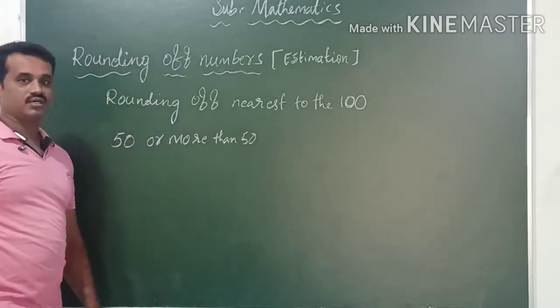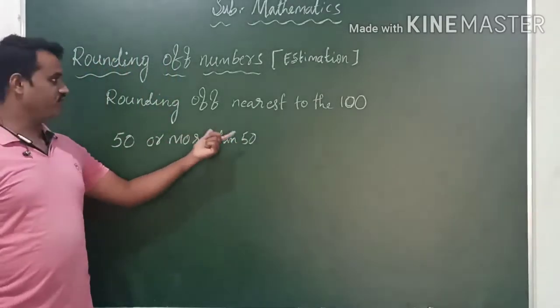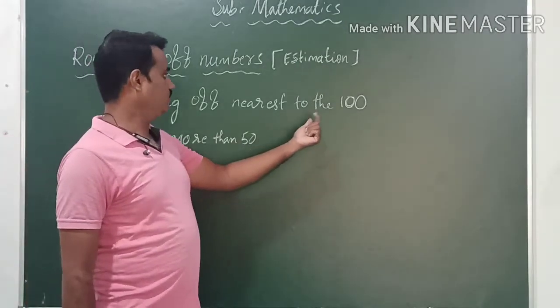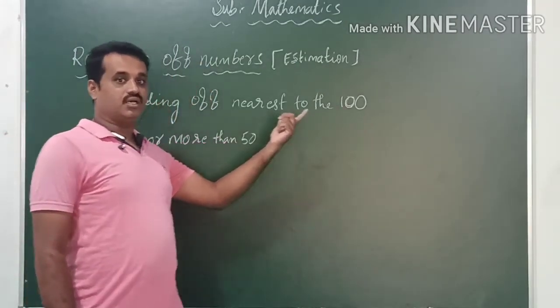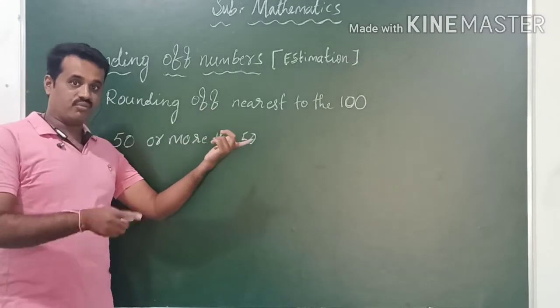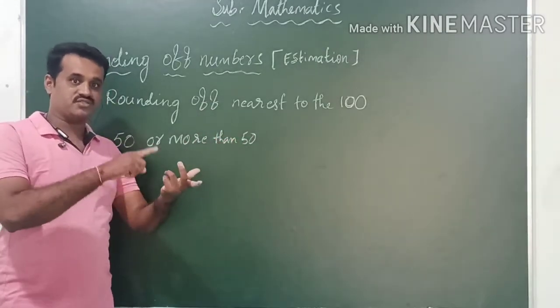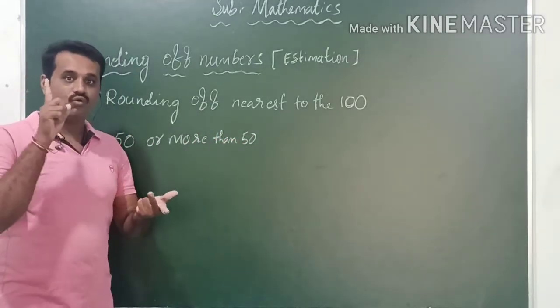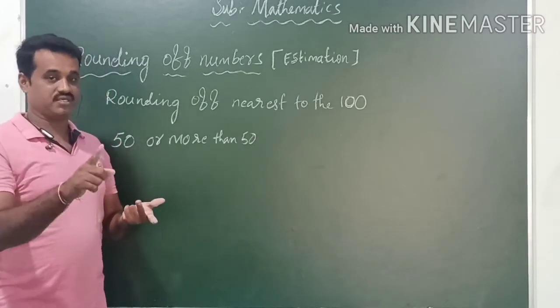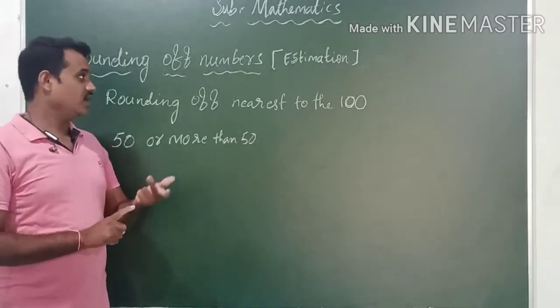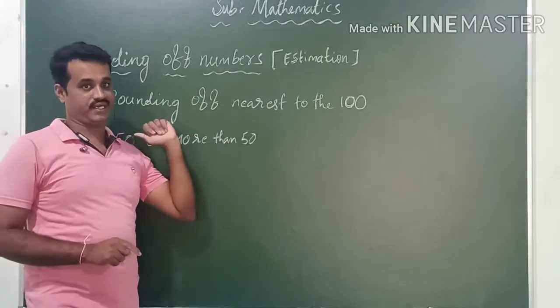If it is 50 or more than 50, you have to make the tens and ones place 0 and add 1 to the 100 place. Then it gives the nearest 100.